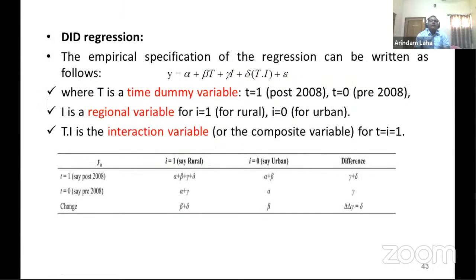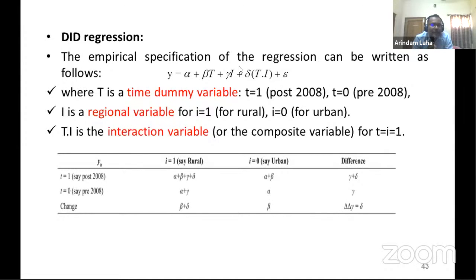Now, in my study, what we have done: Y is obviously our mean per capita consumption expenditure across decile classes of population. T is a time dummy variable, post 2008 is 1, pre 2008 is 0. The regional variable I stands for the treatment effect: for rural India 1, urban India 0.